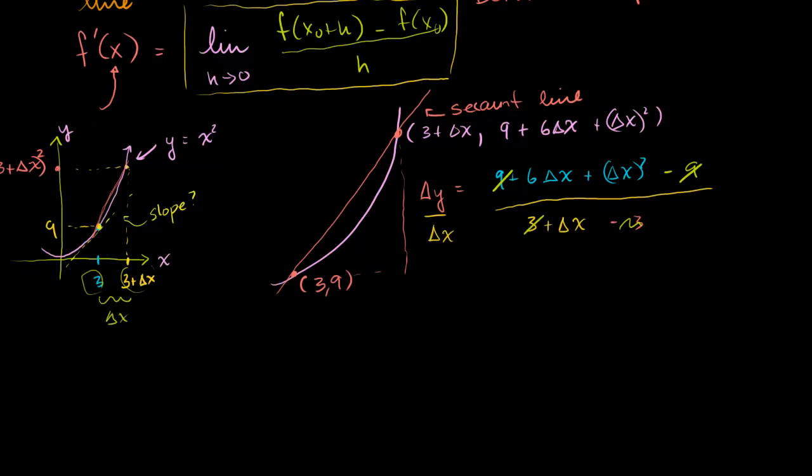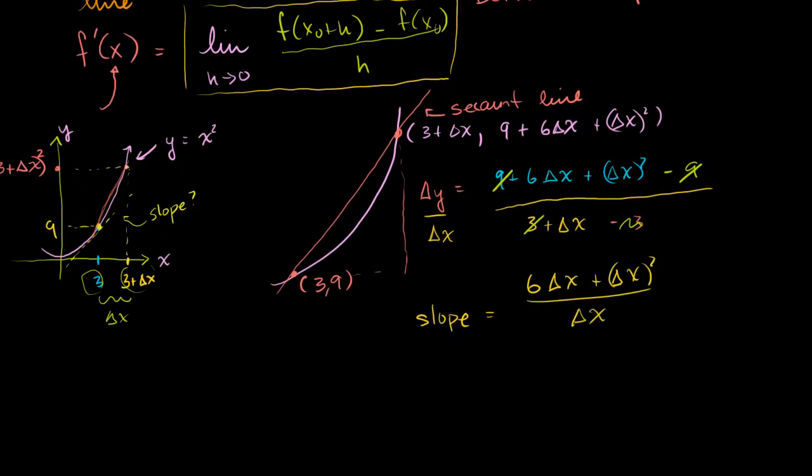So my slope of the secant line has simplified to 6 times my change in x plus my change in x squared, all of that over my change in x. And now we can simplify this even more. Let's divide the numerator and the denominator by our change in x.